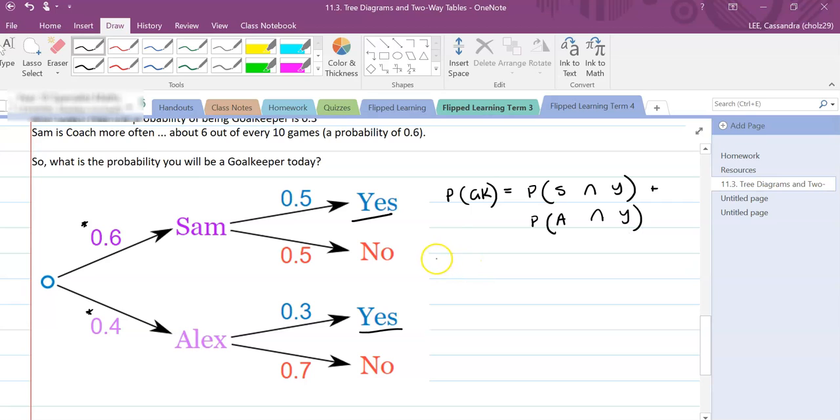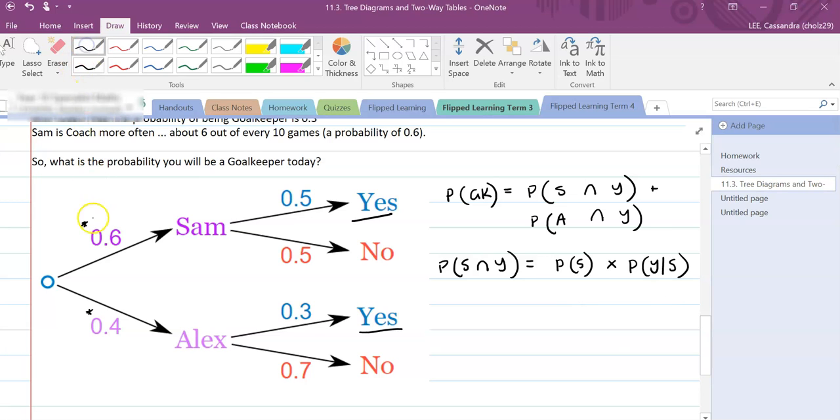Okay, so let's break this down. So the probability of Sam being the coach and getting a yes is equal to the probability of Sam multiplied by the probability of yes, given that Sam is the coach. So the only difference here between the last one, remember with the last one we wrote the probability of the head times the probability of the head, is the use of this given that symbol, and that's the only difference.